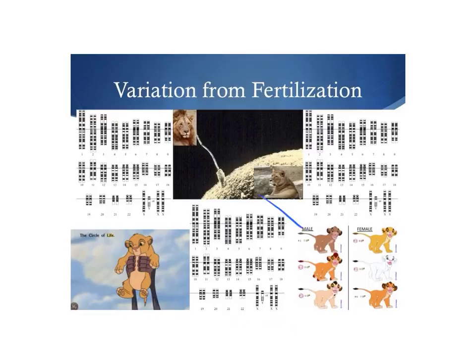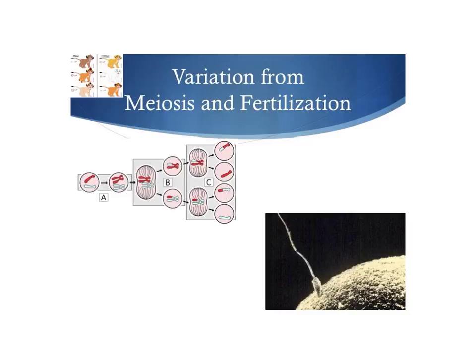And because each of these offspring come from separate parents and separate sets of genes, then you end up with a new combination for every single one of these offspring. And so that explains why we have such a huge variation within a single population. So together, these two mechanisms of meiosis and the process of fertilization, we can get just an infinite amount of variation within a population.